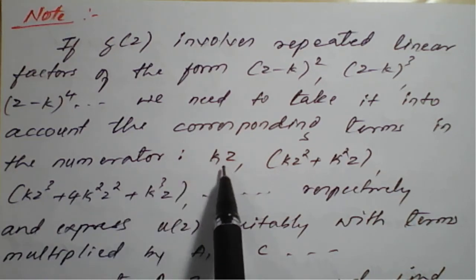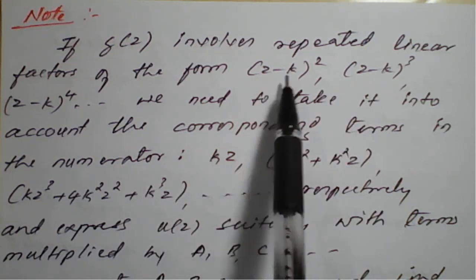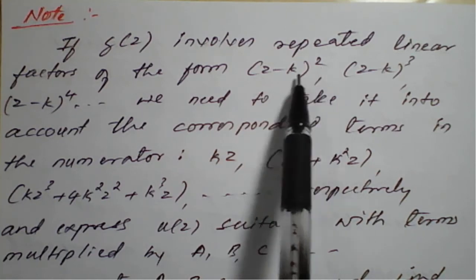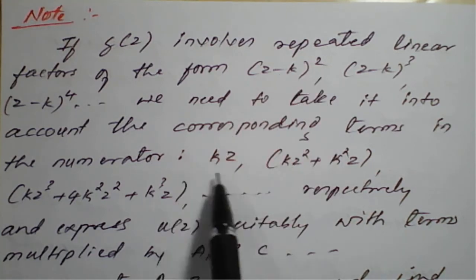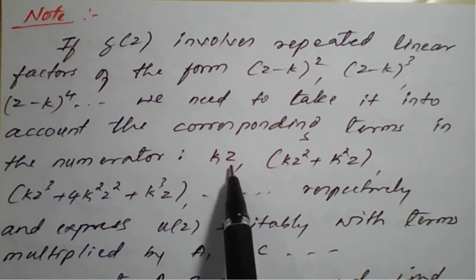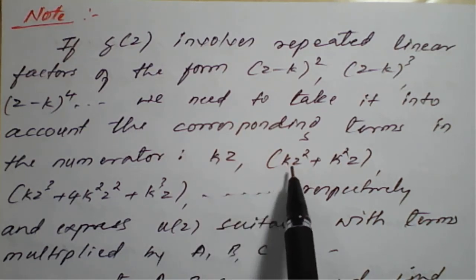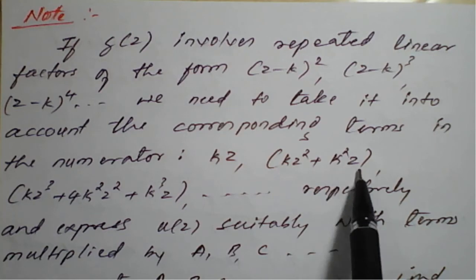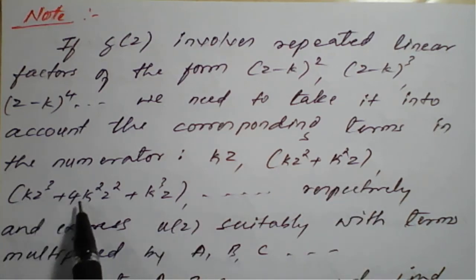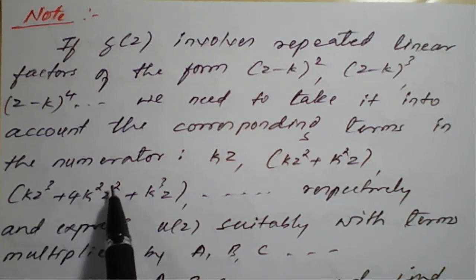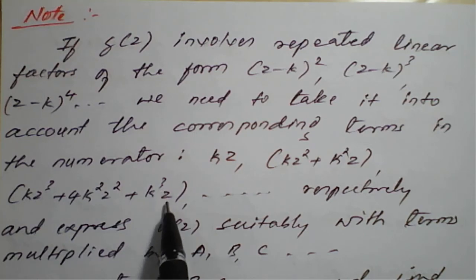So in the numerator, like kz, or kz square plus k square z, or kz cube plus 4 k square z square plus k cube z, and so on.